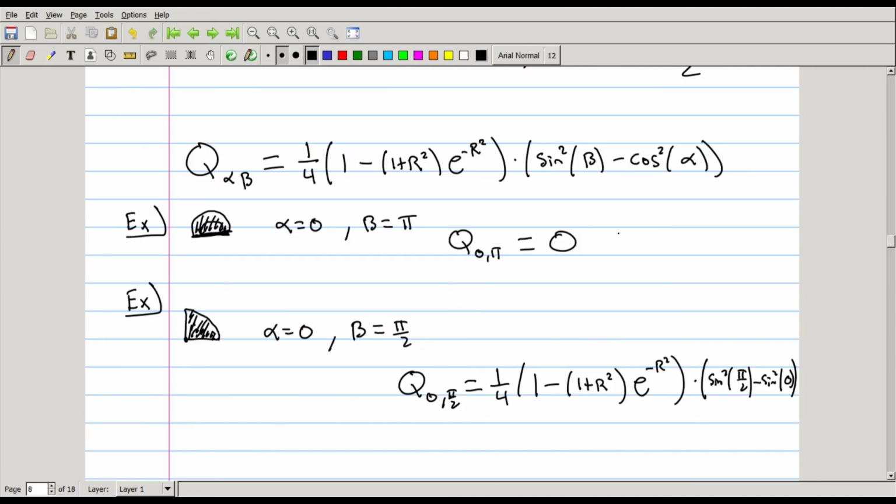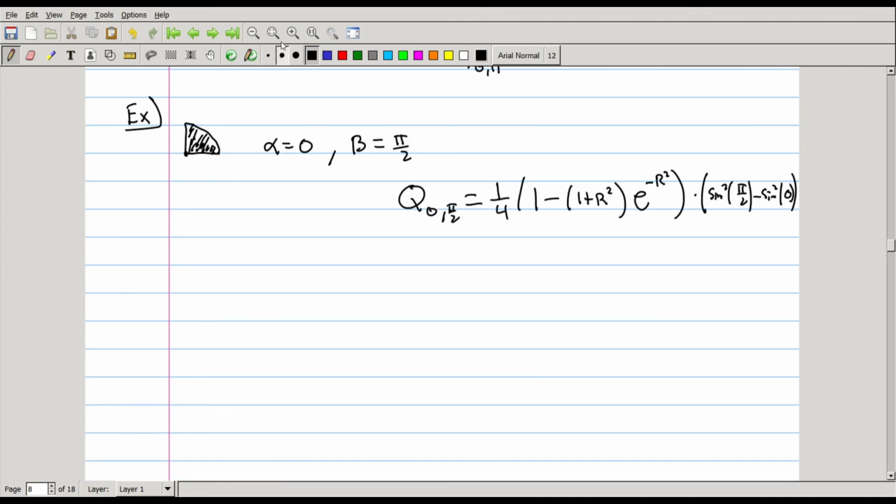And oops, I'm just realizing here I made another little typo when I wrote this down. I'm so sorry. This should be sine squared of alpha right here. But anyway, sine squared of 0 is 0. Sine squared of pi over 2 is 1.